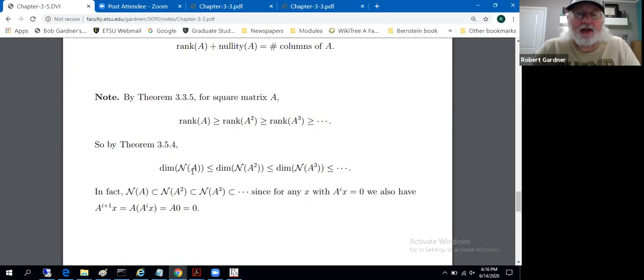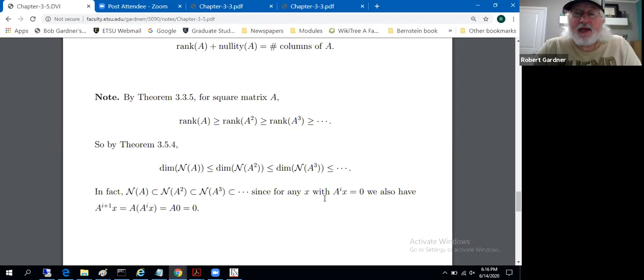In fact, I could have this dimensional relationship and no particular geometric relationship among the spaces themselves. But here it is true that the null space of A is a subspace of the null space of A squared, which is a subspace of the null space of A cubed. They need to be that way for this dimensionality to hold.